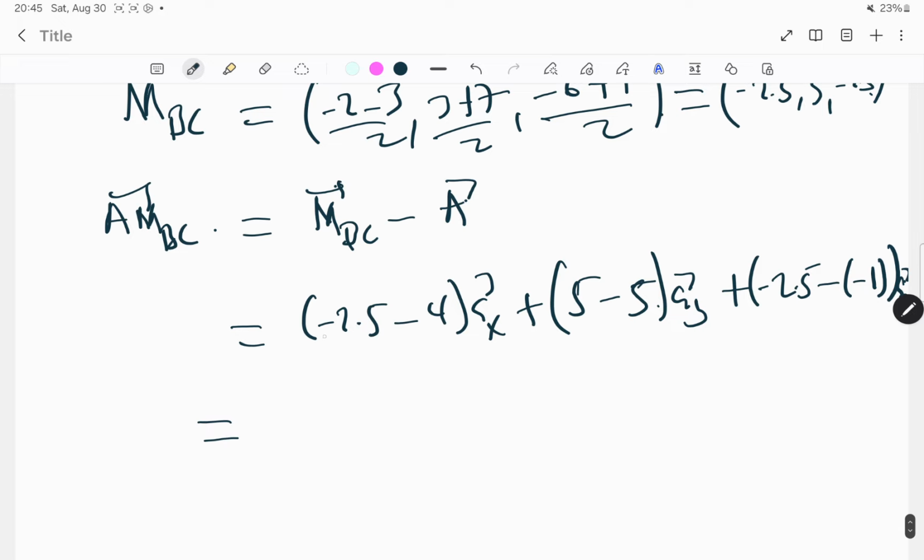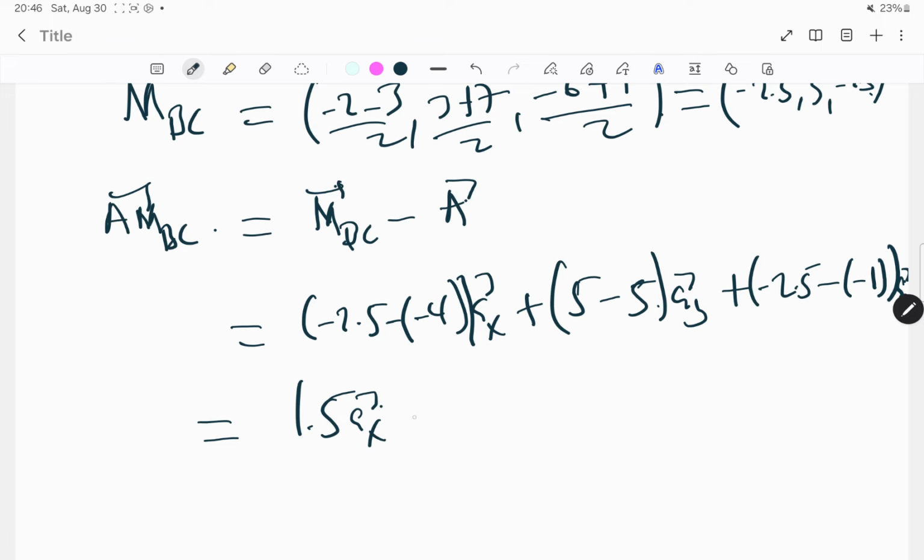Remember, here will be minus, this minus 4. So here minus 2.5 plus 4, that is 1.5 along the x-axis.